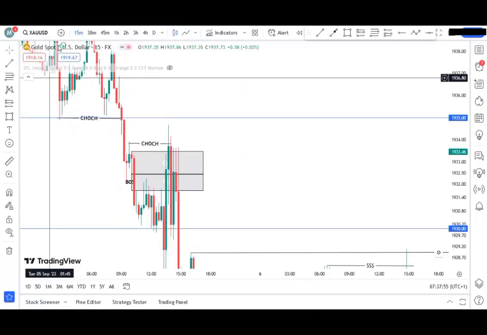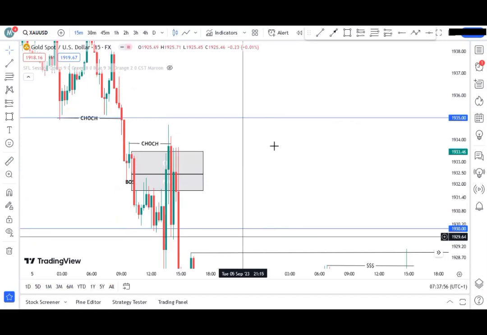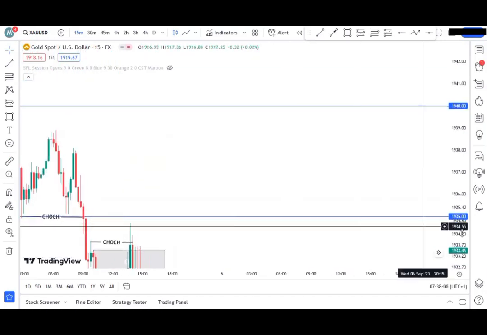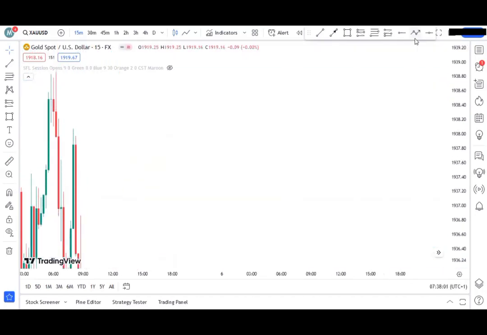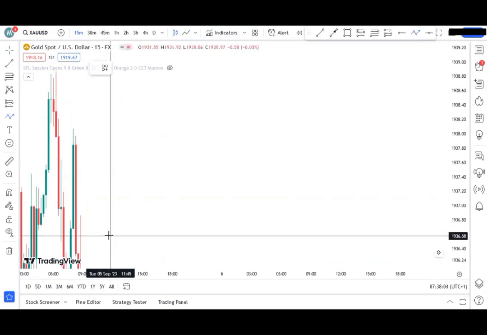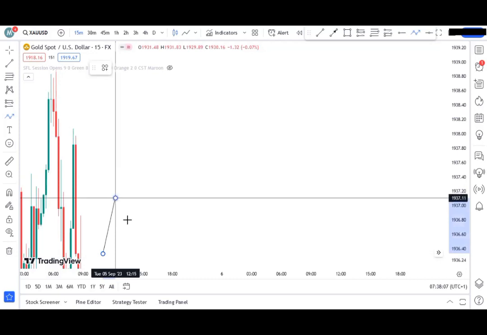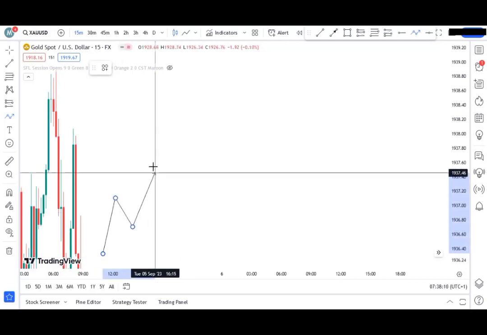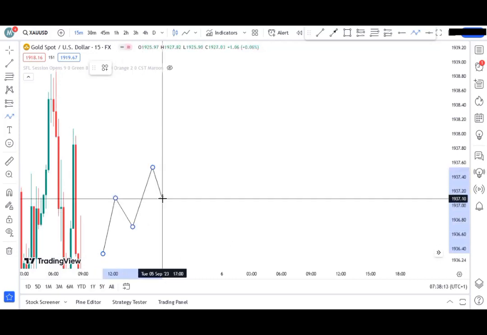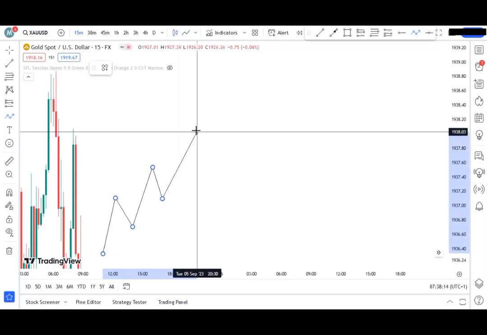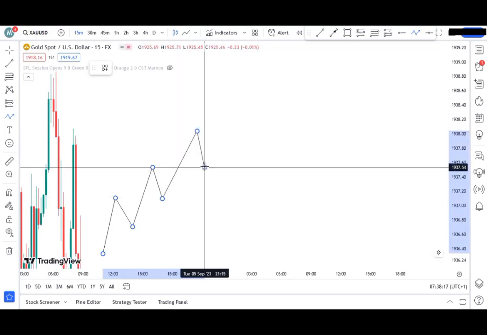This one is not XAU USD. Okay, so let me bring up like this. So let's say it's in an uptrend. Price pushes up, retraces, pushes up, retraces, pushes up again, and retraces.